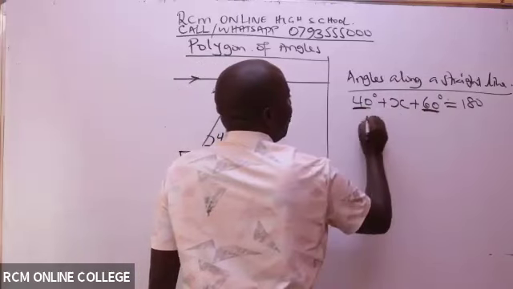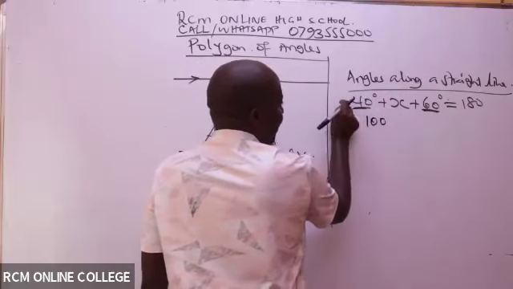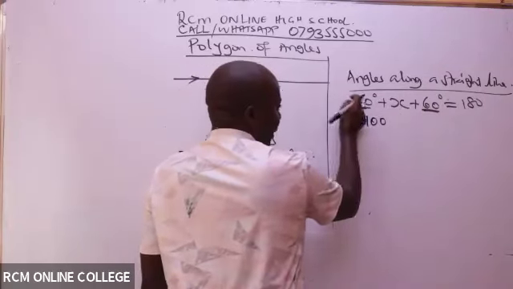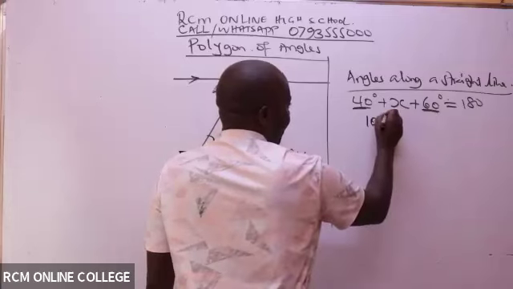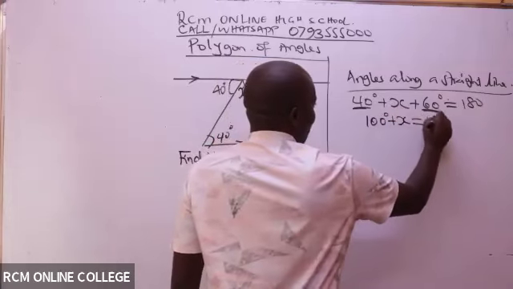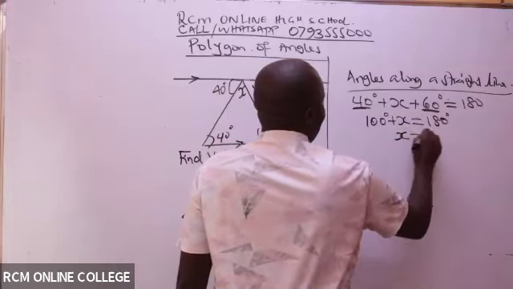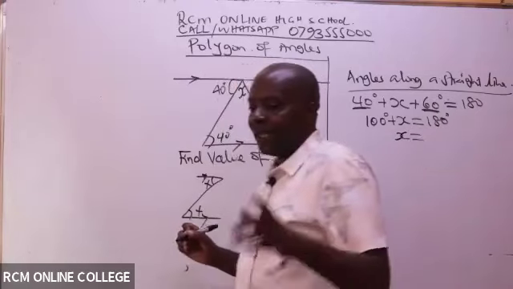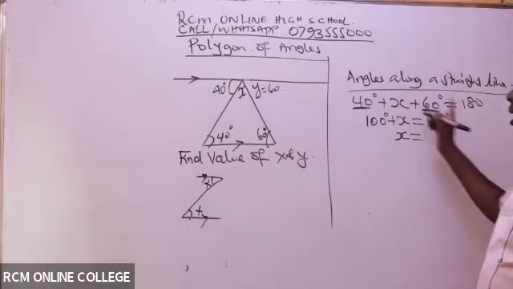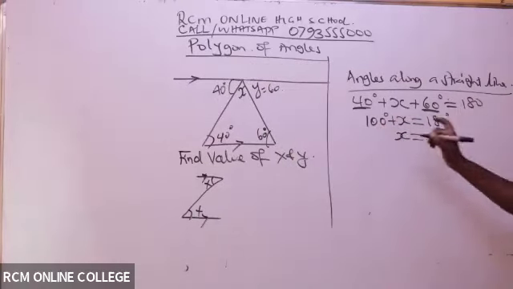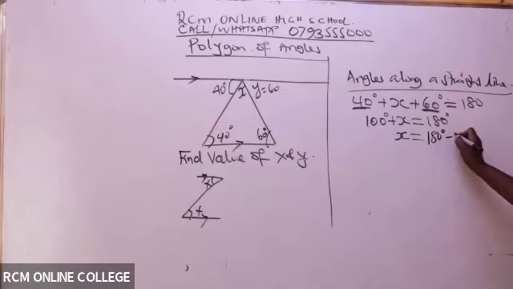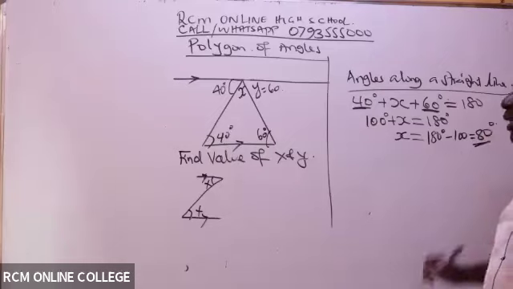This and this will give me 100, plus this 60. So 100 degrees plus X should be equal to 180 degrees. Make X the subject of the formula. Take this 100 to the other side. Here it's positive, on the other side it will be negative. So it will be 180 degrees minus 100, which gives us 80 degrees, and you're at home.